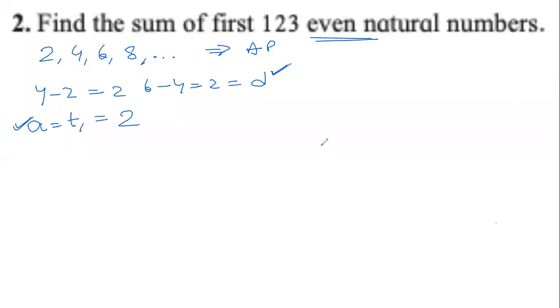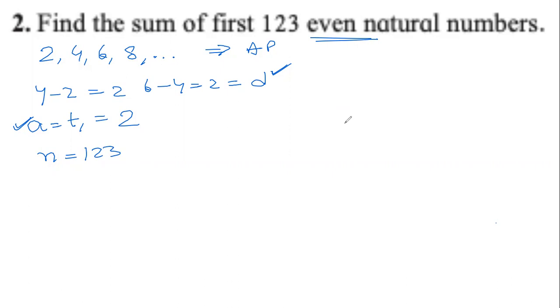What is the third thing that we need to identify? If you remember from the previous slide. Very good. It is the N. Now read the question and tell me what is N in this question. N is 123.